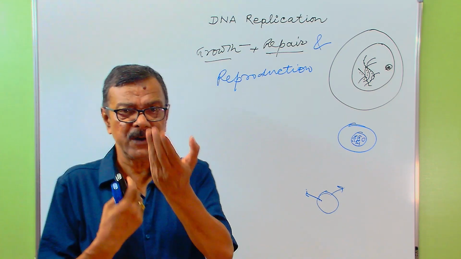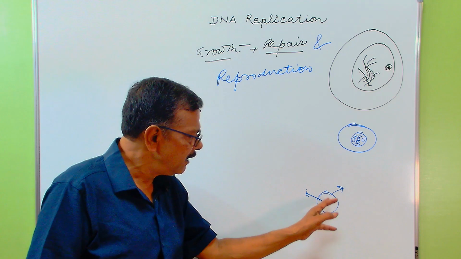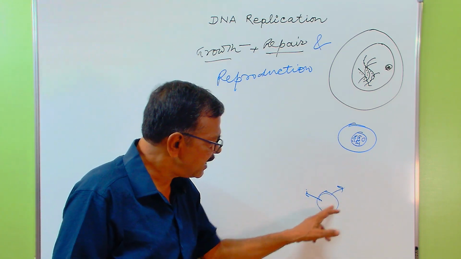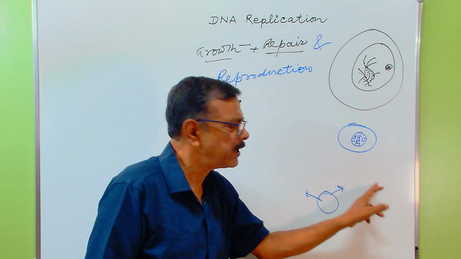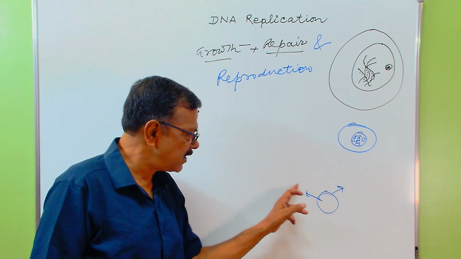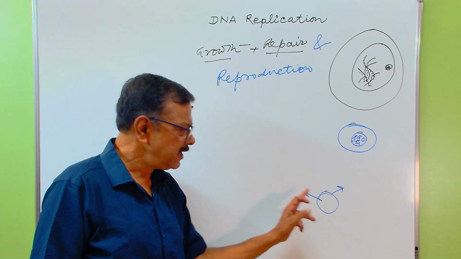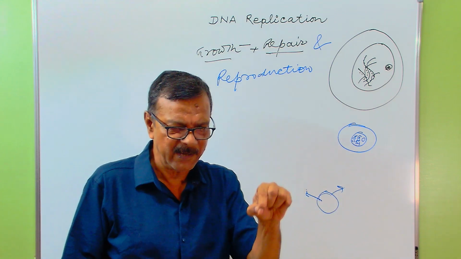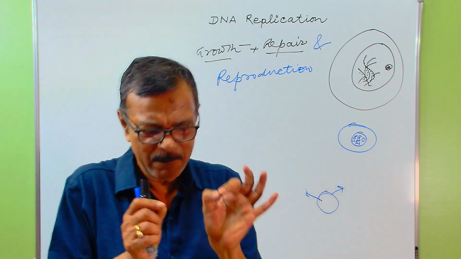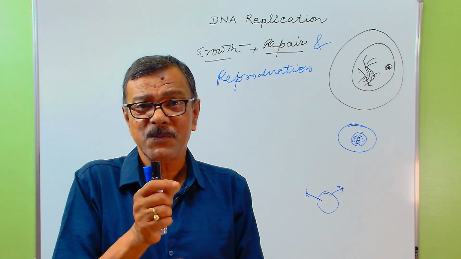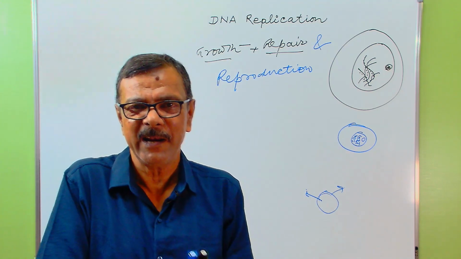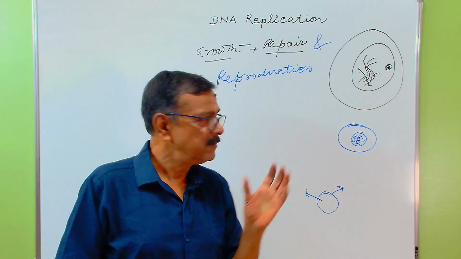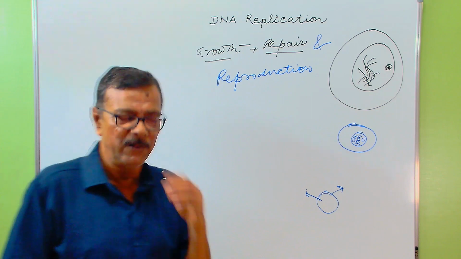I request all of you to think about that particular point of time where this cell differentiated itself into a nerve cell, this cell differentiated into an eye cell, this cell differentiated into a heart muscle cell. If you find that point, and if you find the particular gene or particular DNA responsible for this, you will be rewarded with the Nobel Prize. That is why we are learning all these things.